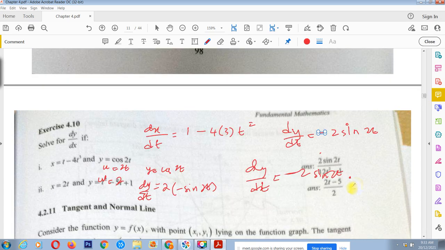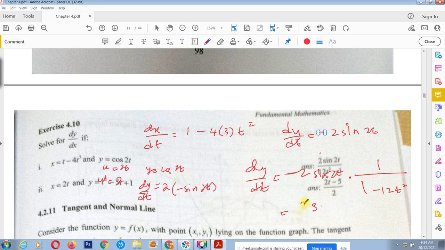What is flipping? We make this the denominator. So what should we have? We will have 1 over 1 minus 12t squared. Okay, so now negative 2, simplify this function, we get negative 2.